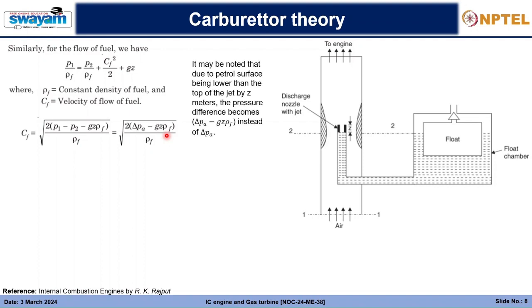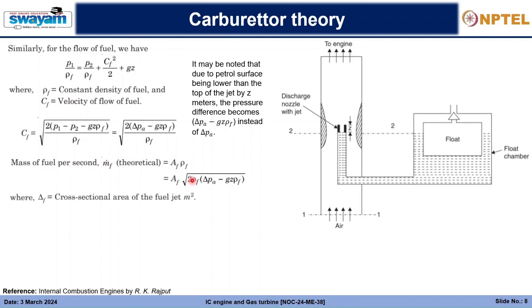It may be noted that due to the petrol surface being lower than the top of the jet by Z meters, the pressure difference becomes this instead of delta PA. Yeah, that we noticed. Then the mass of fuel per second, mf, is simply Cf times the area, so we put in the value of Cf out here, and there will be this particular formula, where AF is the cross sectional area of the fuel jet in meter square.